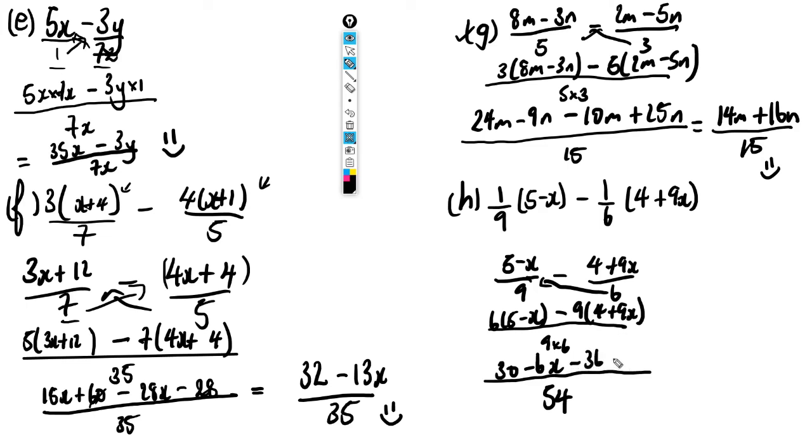And then a negative 9 times 9, which is negative 81x, which is really big. So we're going to end up with the answer being negative 6 minus 81x over 54. And if we look carefully, a 3 can go into all of these, so we're going to end up with minus 2 minus 29x over 18. Cool? And that should be the answer.